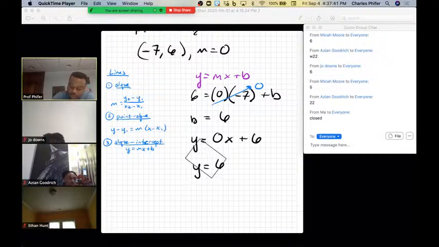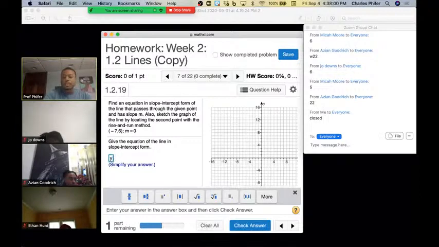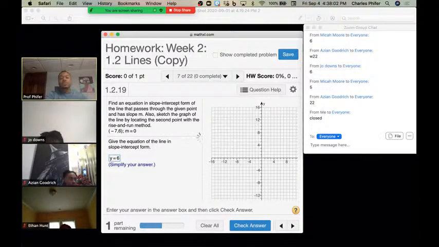Okay, so a horizontal line through y equals 6. Let's hop back over to Pearson. Give the equation of the line. We're going to say y equals 6. Cross our fingers.